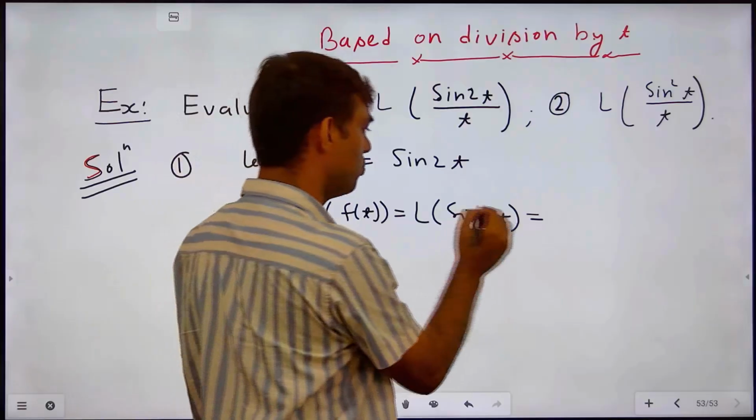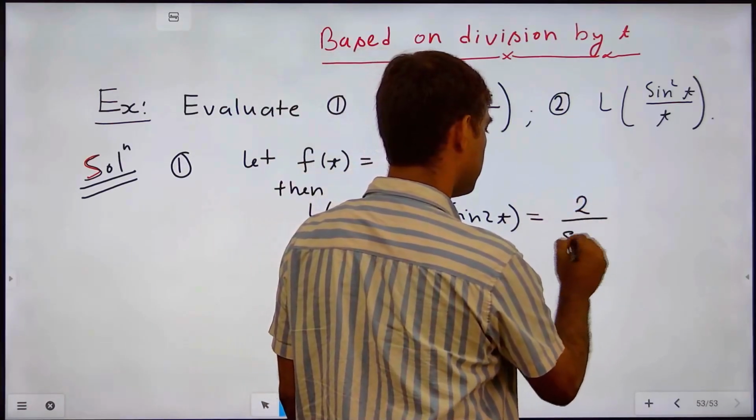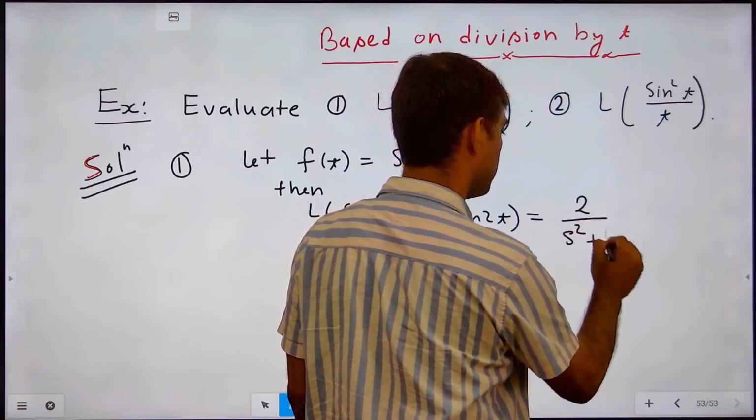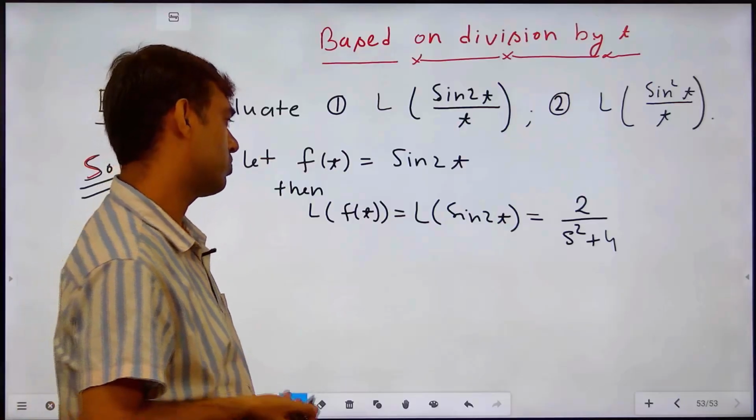Here a is 2. So, the Laplace transform of sin 2t is 2 upon s square plus 2 square, that is, 2 upon s square plus 4.